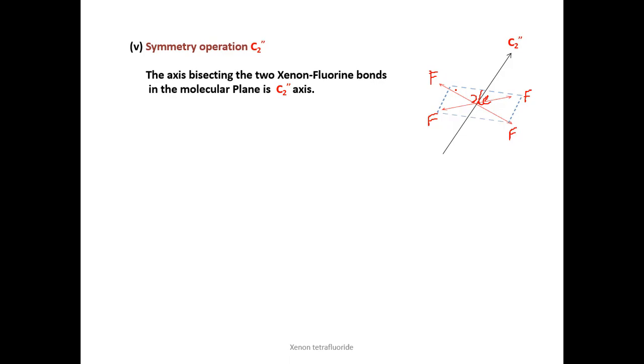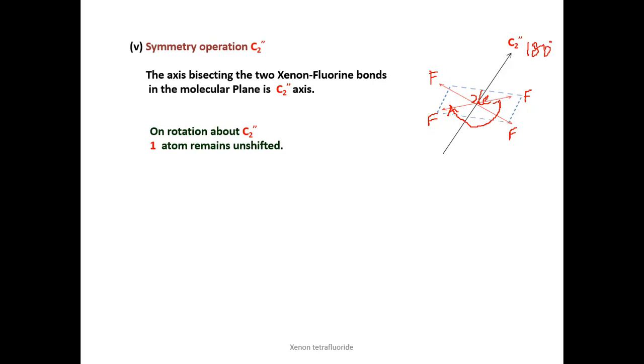So the atom that is present on the axis itself will not get shifted during the rotation, and so one atom, that is the xenon atom alone, will remain unshifted. All the other atoms will get shifted like this. For example, the fluorine which is here will be shifted through 180 degrees because it is a C2 axis.